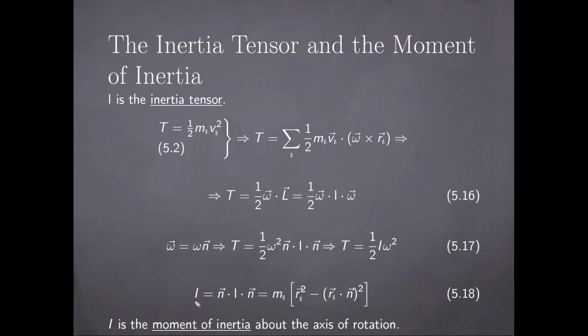And using the definition of the components of I that we have written down explicitly in the previous sections, we immediately find this expression for the moment of inertia, where once again the implicit summation is understood over the particles of the system.